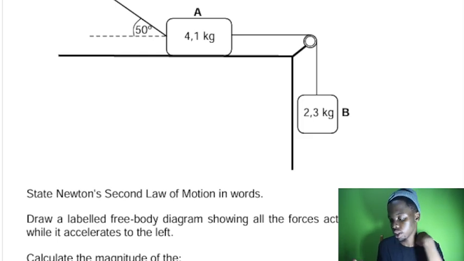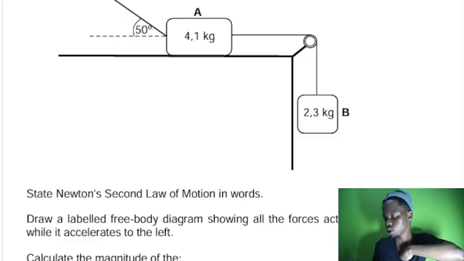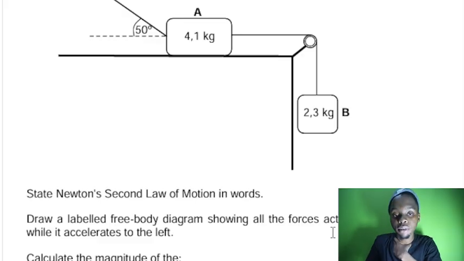So if I have to calculate my frictional force, because my force applied is being applied at an angle, my normal force is not going to be equal to Fg. Instead, it's going to be equal to Fg minus Fy.